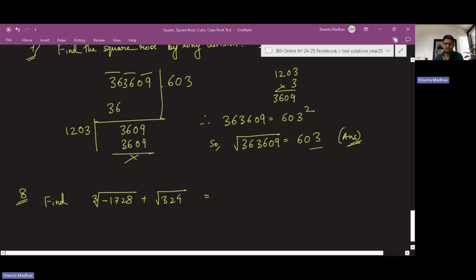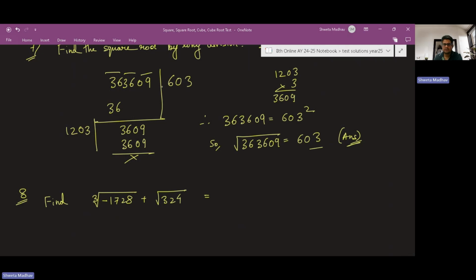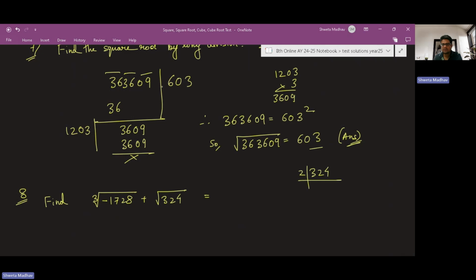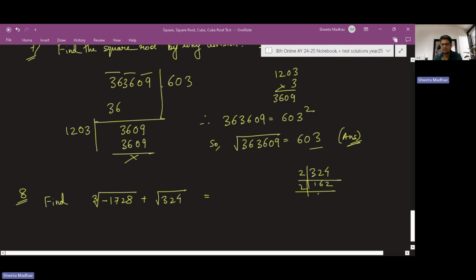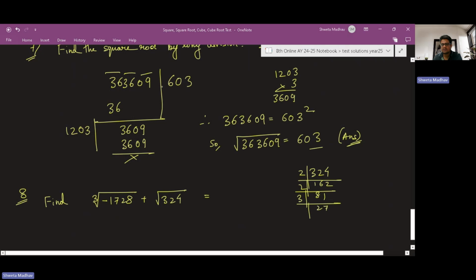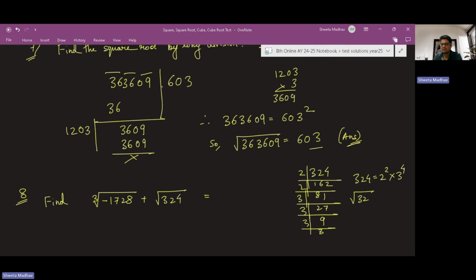Now we can do the square root of 324 first, using prime factorization. 324 is equal to 2 square into 3 power 4. So the square root of 324 is 2 into 3 square, that is 2 into 9, which is 18.